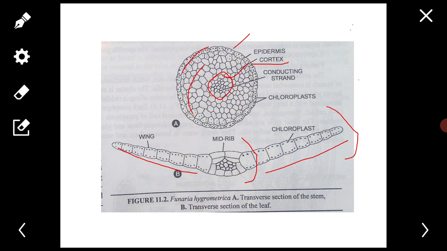The center of the midrib is occupied by a conducting strand made up of thick-walled cells.